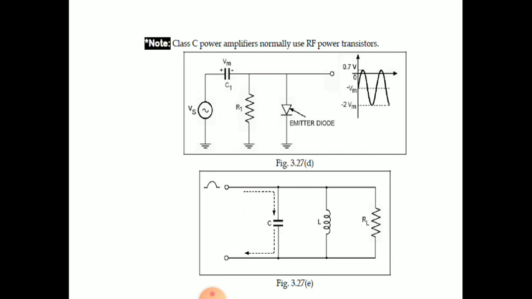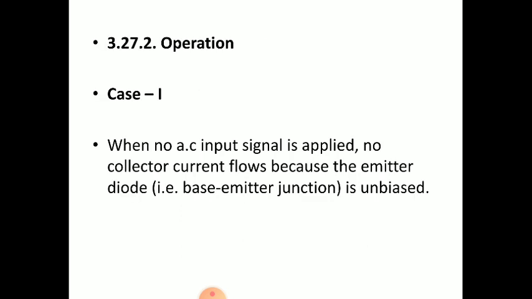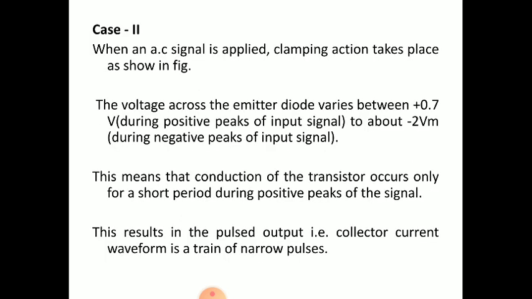It is a capacitor with a diode. The voltage across the emitter diode varies between plus 0.7 volts during the positive peaks of input to about minus 2 volts during the negative peaks of the input signal. This means that conduction of the transistor occurs only for a short period during the positive peaks of the signal.